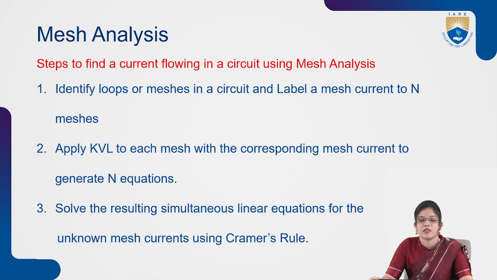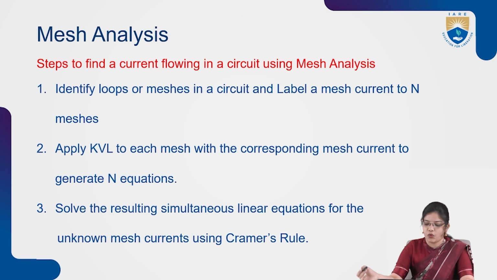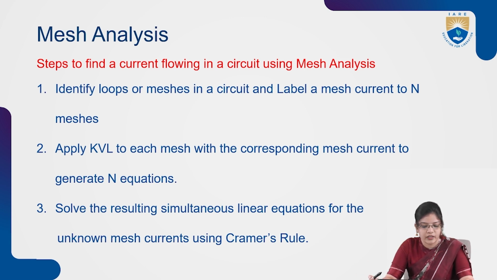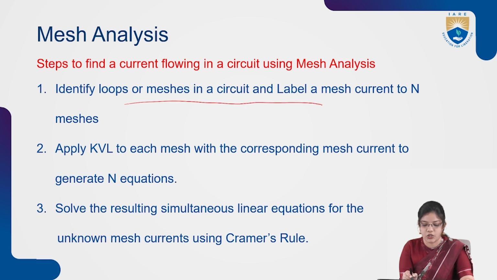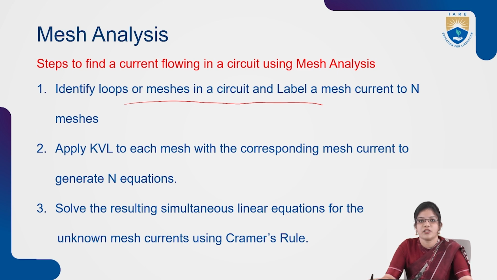Here are the steps to find the current flowing in the circuit using mesh analysis. The first step is to identify the loops or meshes in the circuit and label a mesh current for each of the n meshes. We first find out how many meshes are there in the circuit and label them with mesh currents.